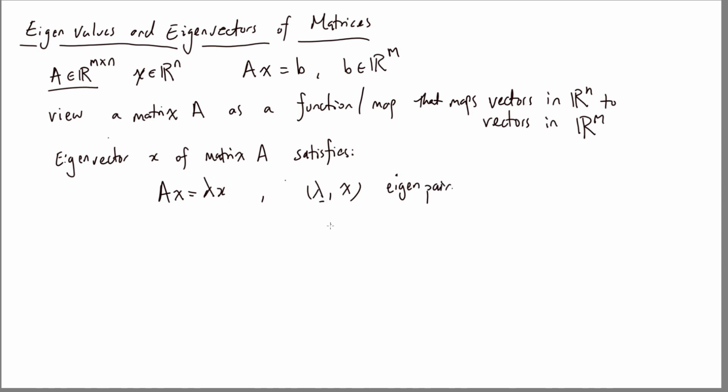Okay, and lambda is called an eigenvalue. So what does this mean, right? Well, we just saw that when we take, so we had this kind of picture, right?